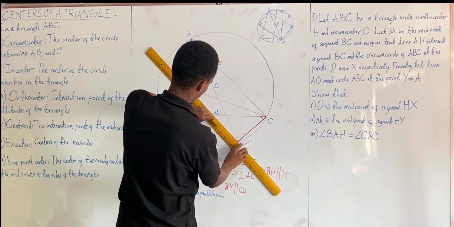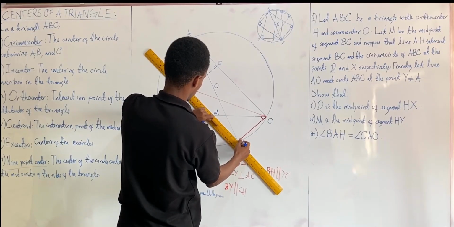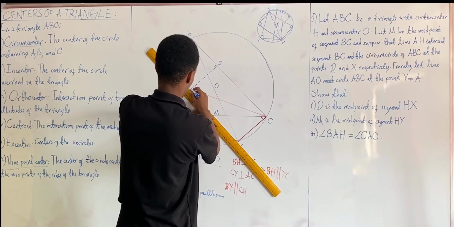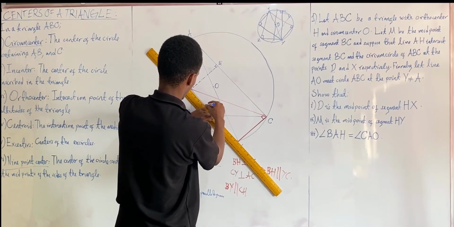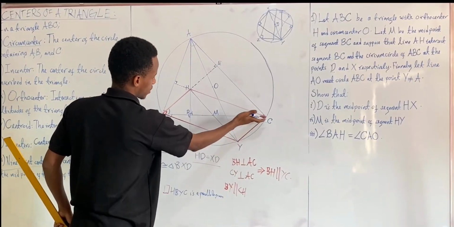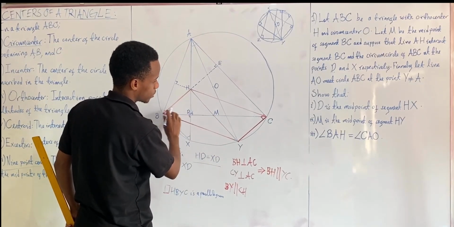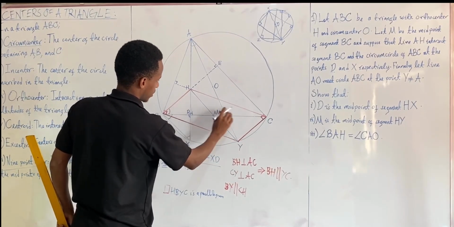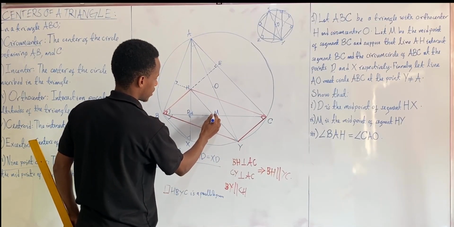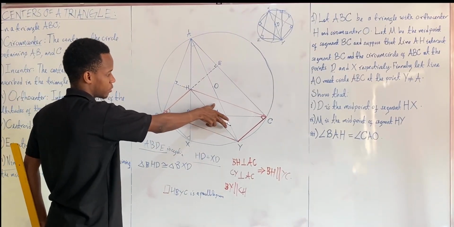So if you connect H to Y, something like that, this diagonal and this diagonal will bisect each other. That means this diagonal will pass through the midpoint of this diagonal, and this diagonal will pass through the midpoint of this diagonal. So they will bisect each other at the point of intersection. And this is well known about the parallelogram.